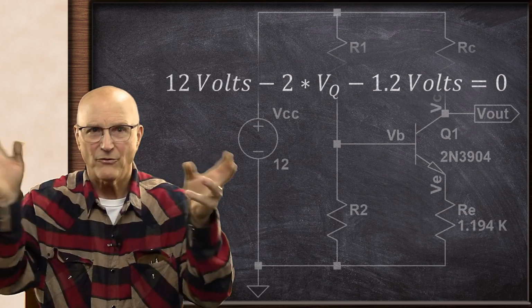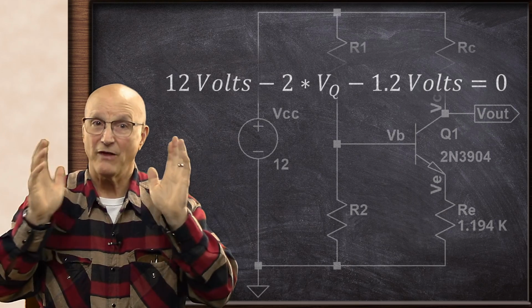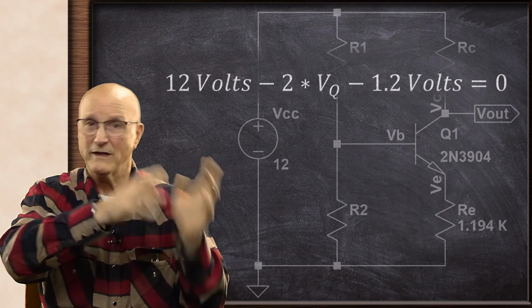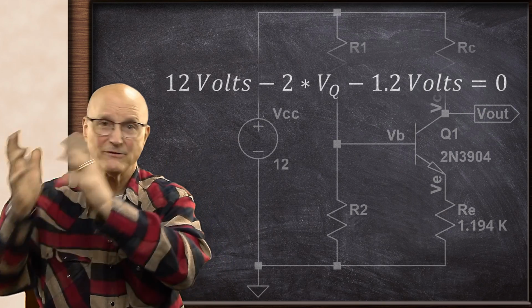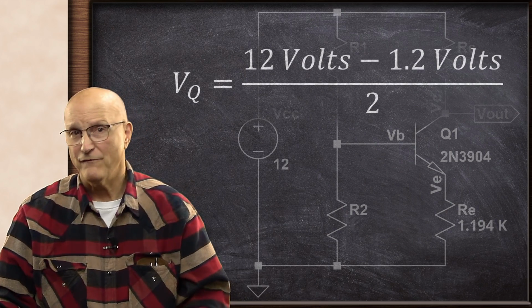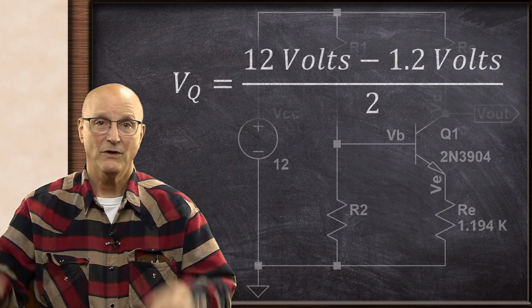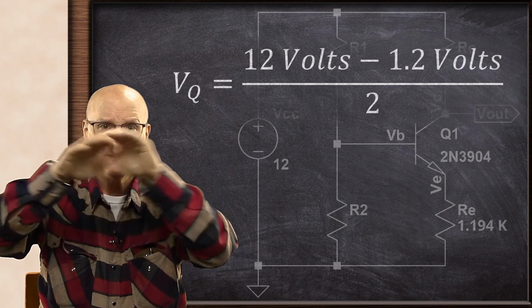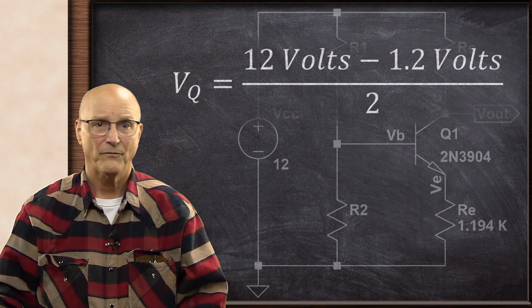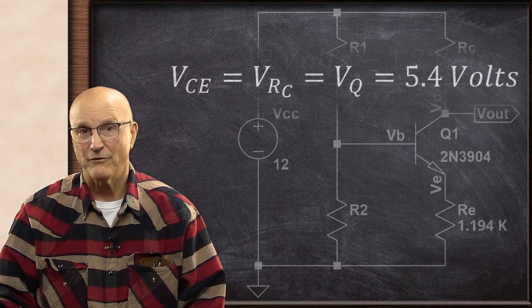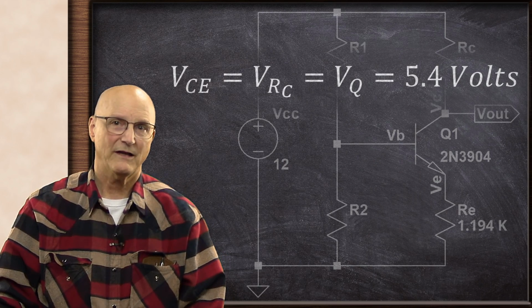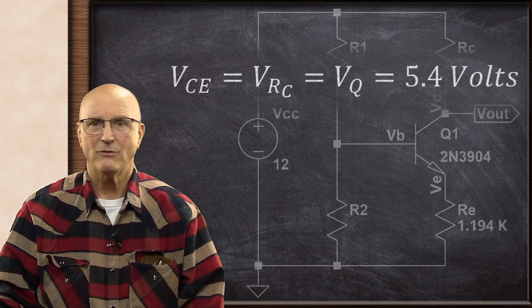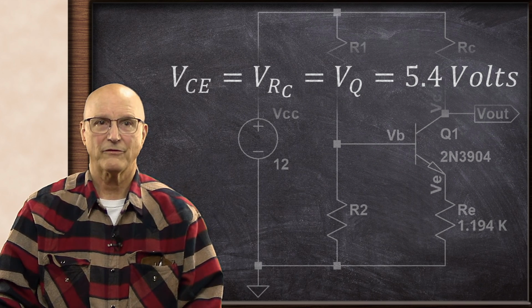Well, now we get to rearrange things a little bit so that we get VQ on one side of the equal sign and everything else on the other side. So we get VQ is equal to 12 volts minus 1.2 volts on the numerator divided by 2. So the collector emitter voltage equals the collector resistor voltage equals 5.4 volts.